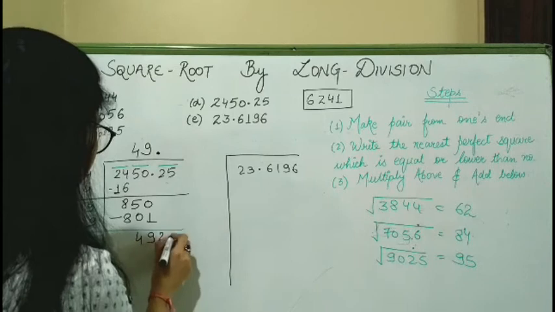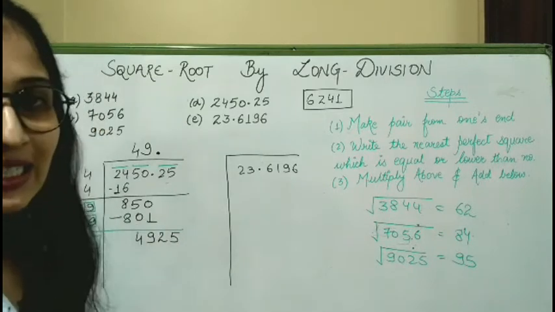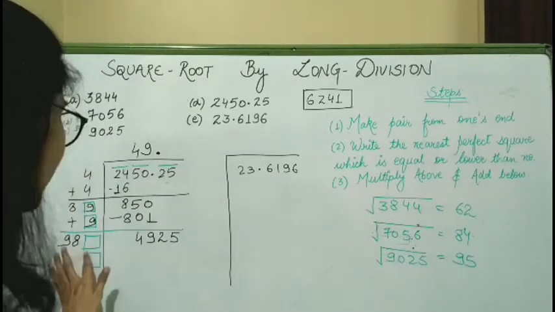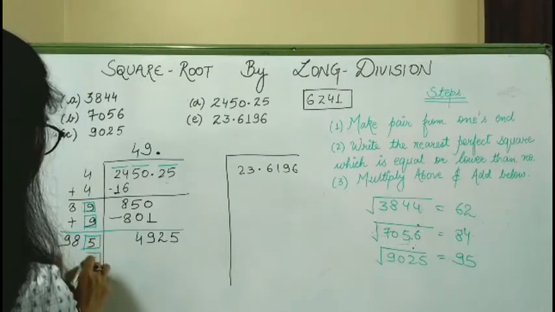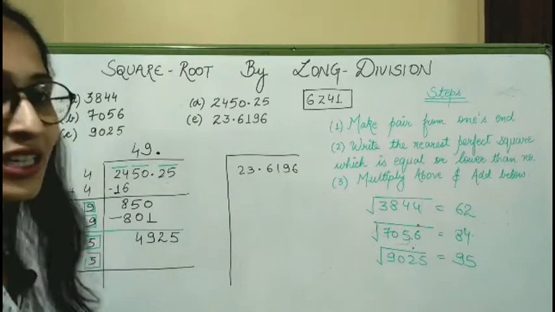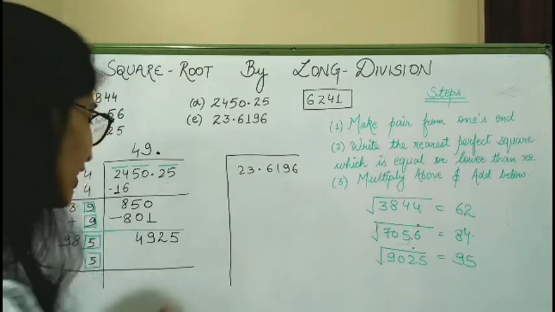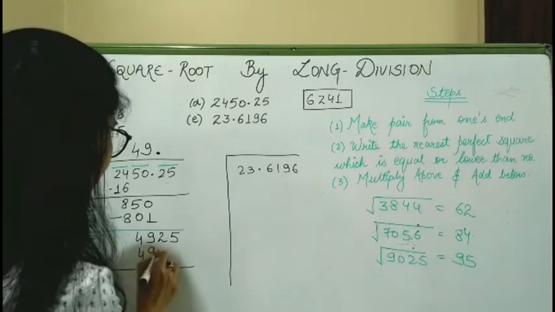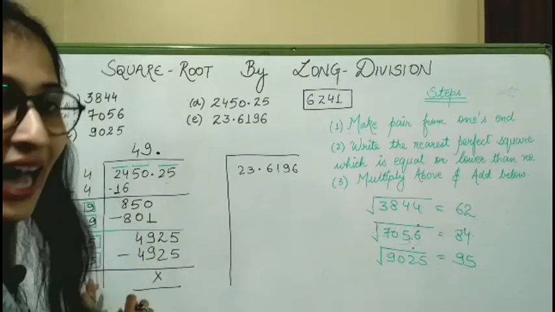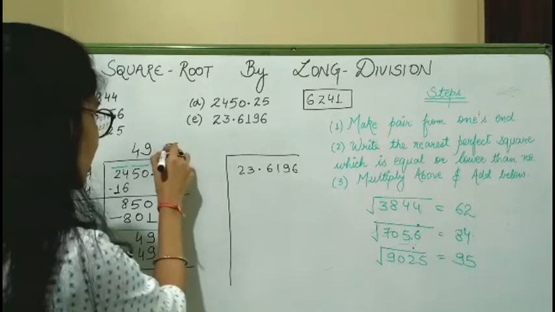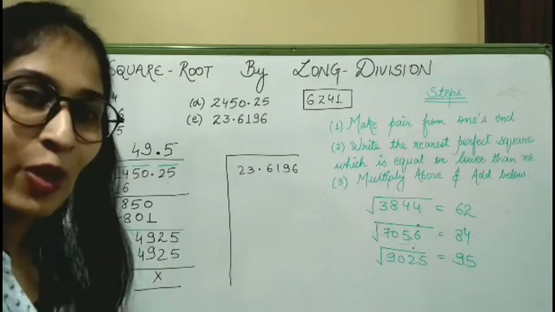Next pair is 25. So I have to write a number after 98. It will become 985 multiplied by 5. 985 multiplied by 5 will give me 4925. Result is 0. I have written 5 here, so fill 5 at the top also.